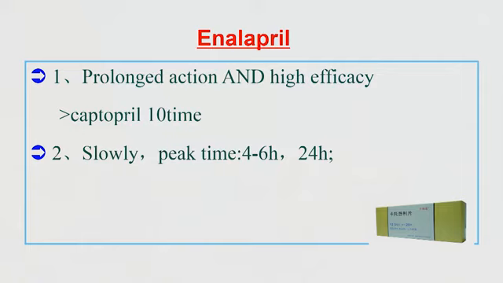So here, if our hypertension patients use captopril to treat hypertension, they should use the drug TID oral administration because of the short half-life. Compared to enalapril, we use captopril 3 times a day. And enalapril has a longer half-life than captopril, so our patients can use the drug once daily, QD oral administration, because of higher efficacy and longer half-life.